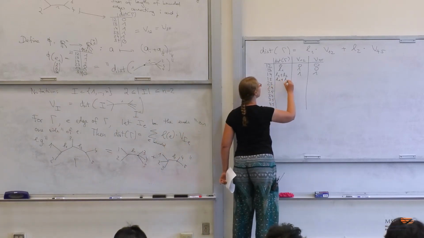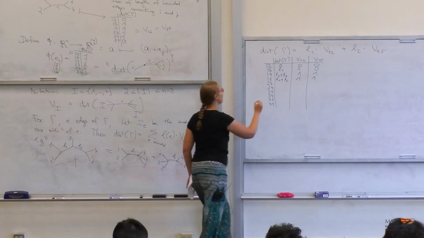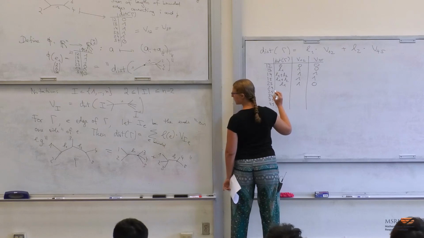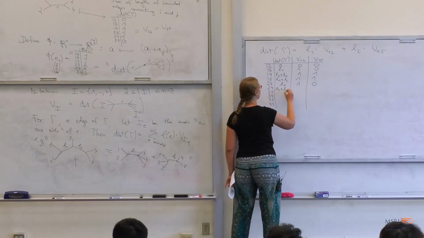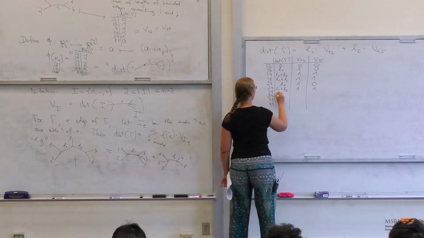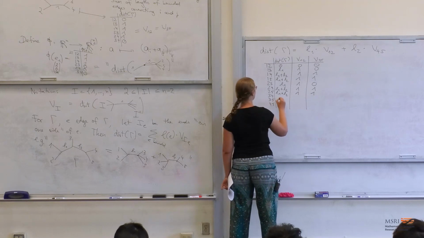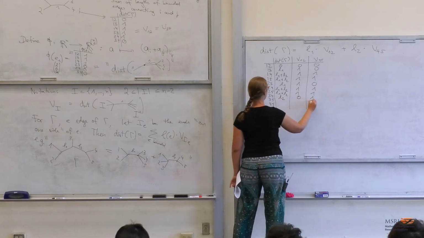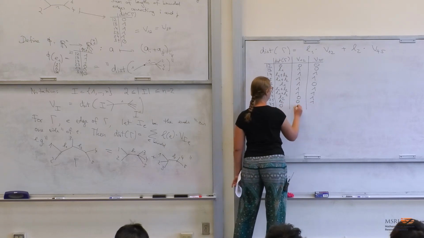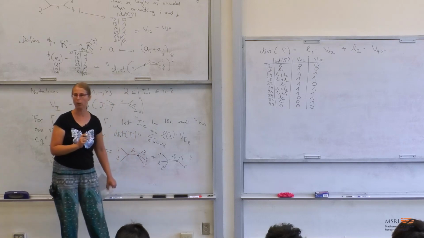L1 plus L2, 1 here, 1 here. 2 to 3, L1, 1, 0. 2 to 4, L1 plus L2, 1, 1. 2 to 5, L1 plus L2, 1, 1. 3 to 4, just L2, 0, 1. 3 to 5, L2, 0, 1. 4 to 5, 0, 0, 0. You see it works, and I believe you see why it works, right?